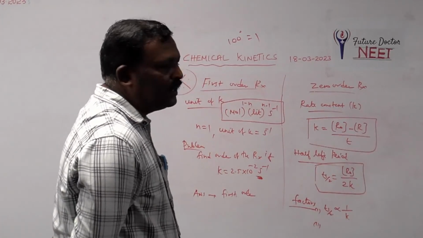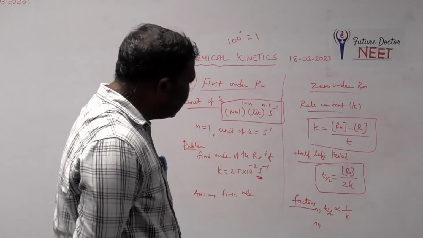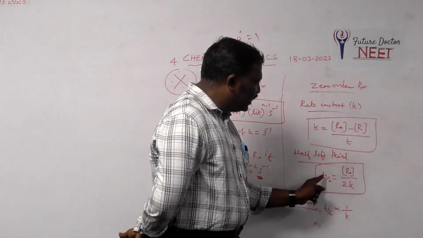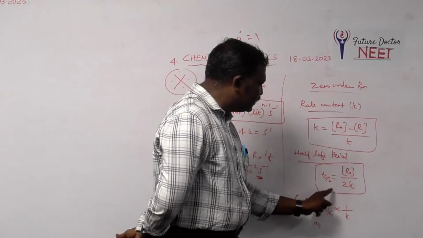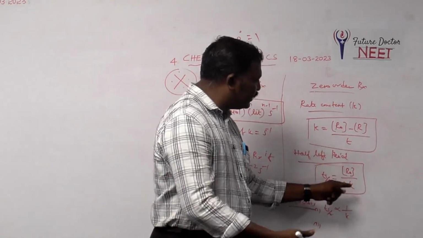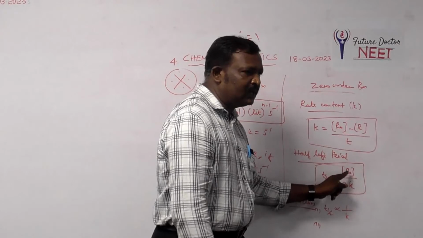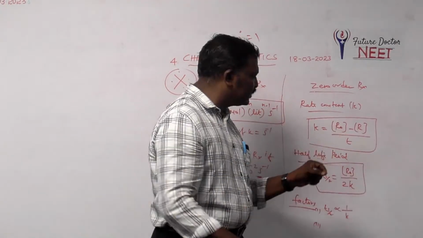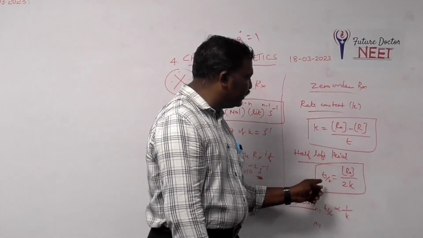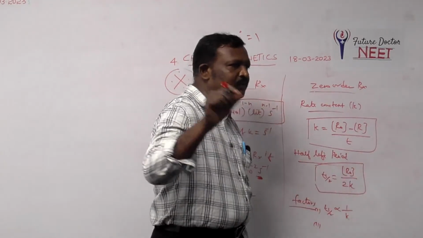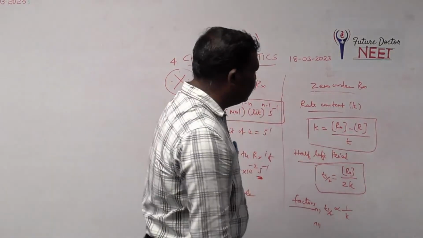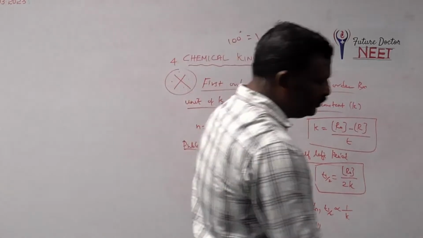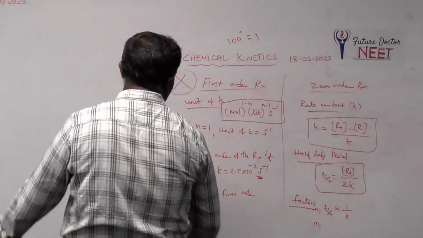Last time there was no R naught term, that's why I told you that, but here the R naught term is there. So I am telling you the t half of a zero order reaction depends upon the initial concentration of the reactant. Understood? Now based on this they'll ask one question. If the half-life period depends upon initial concentration, what kind of order is it? It's zero order. If it does not depend, it's first order. Understood?